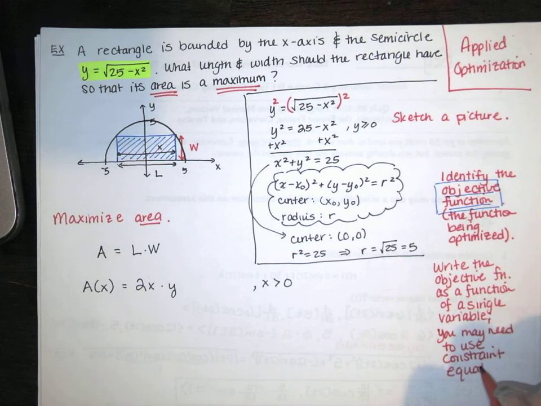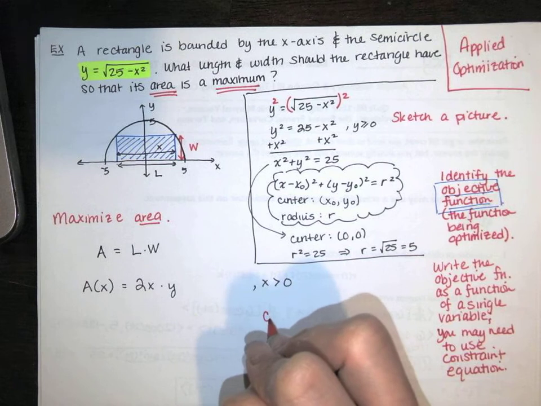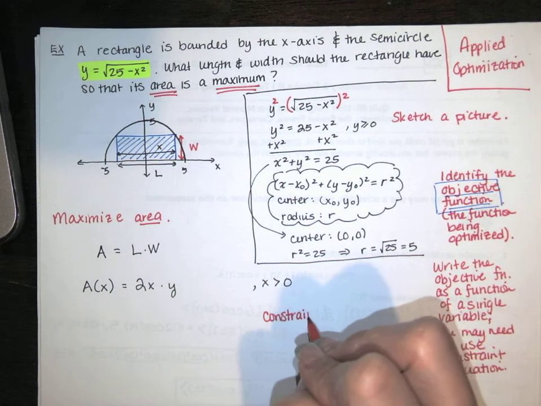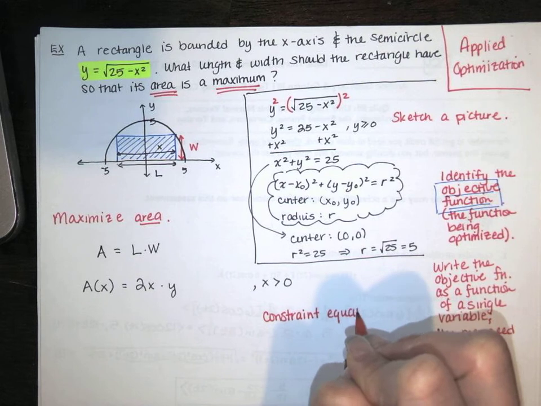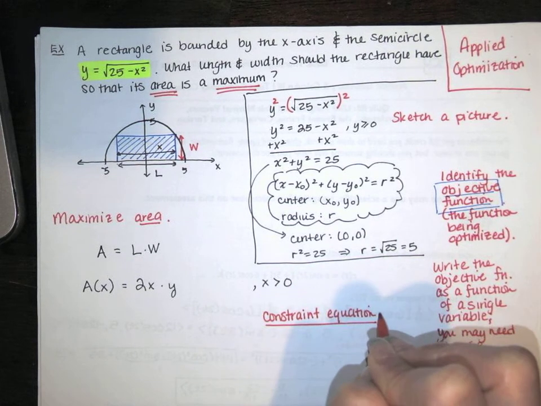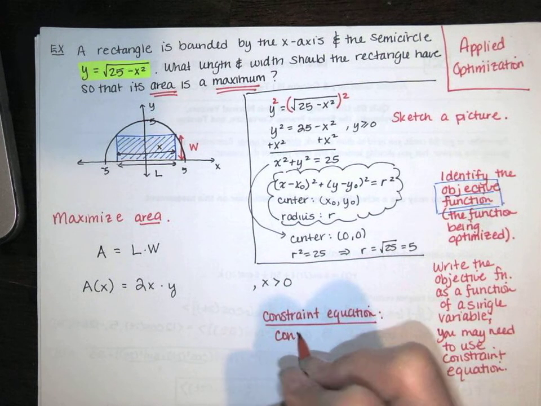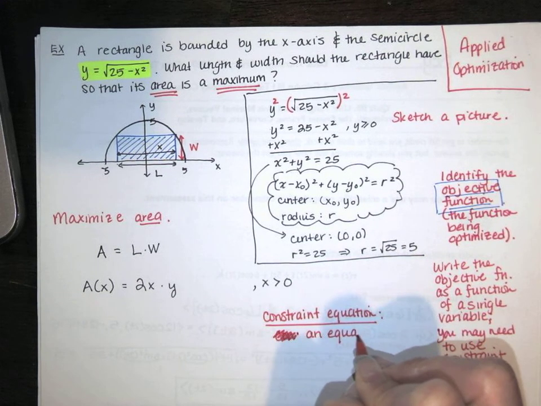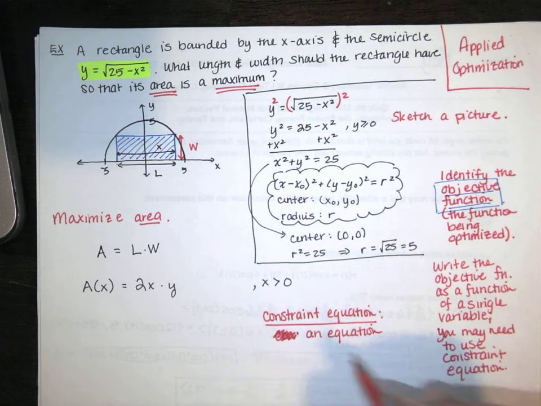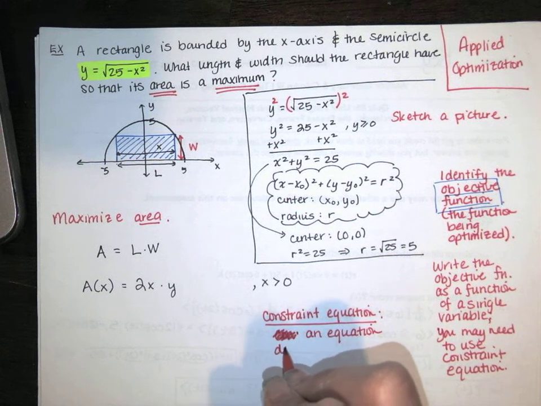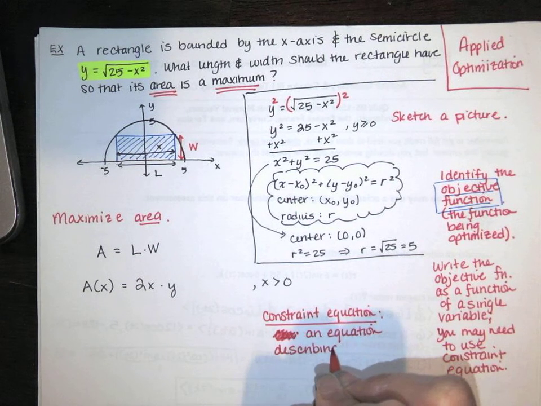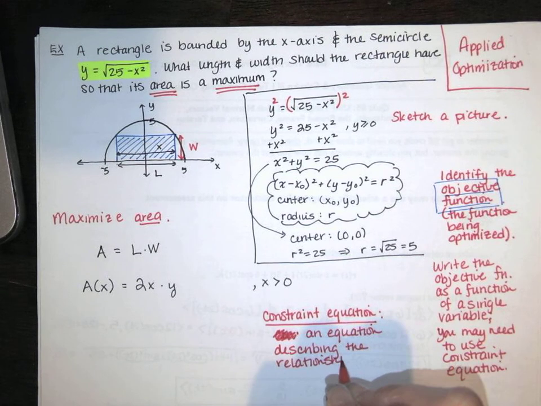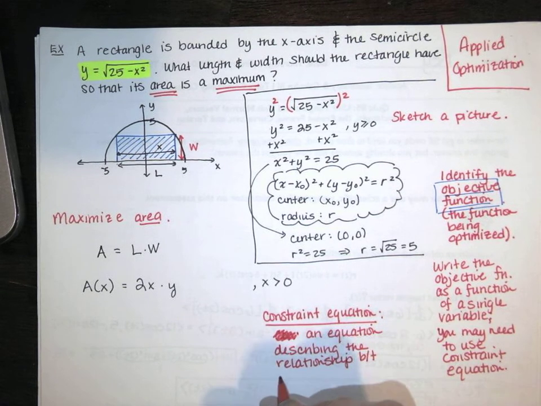And a constraint equation is just an equation describing the relationship between our independent variables.